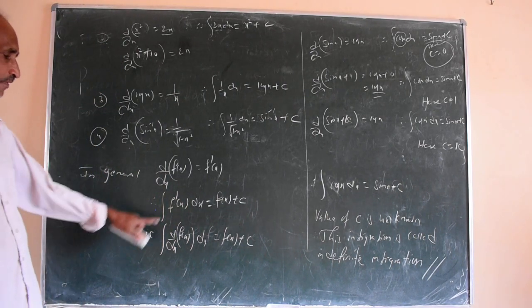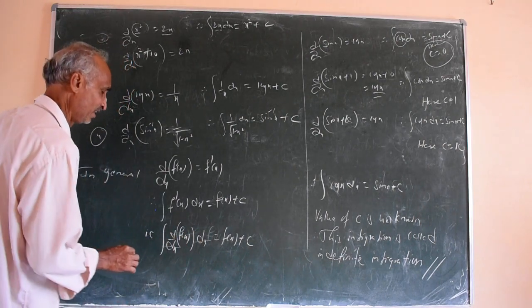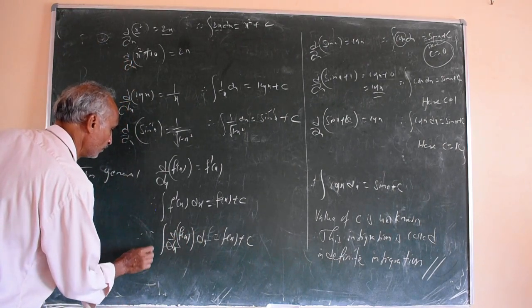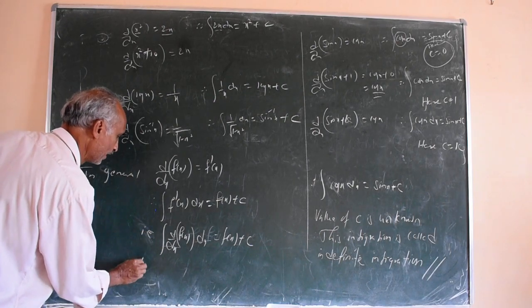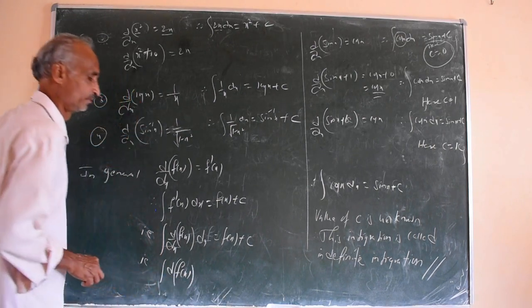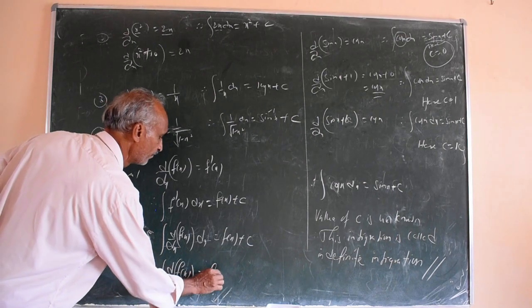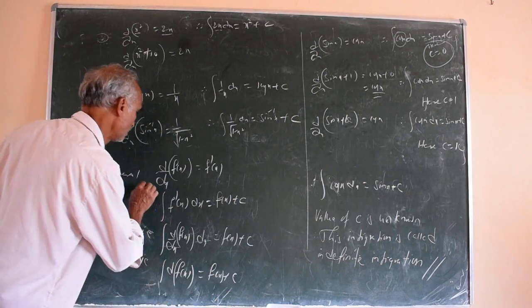Is it not? f dash of x is d by dx of f of x. This dx can be cancelled. Therefore, that is integration of d of f of x, where dx is simply cancelled, and integration of d of f of x is equal to f of x plus c. So remember this formula.